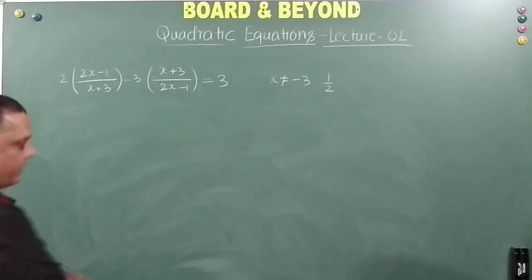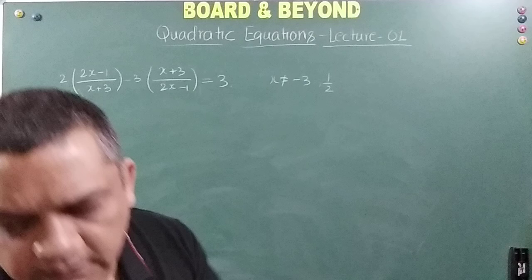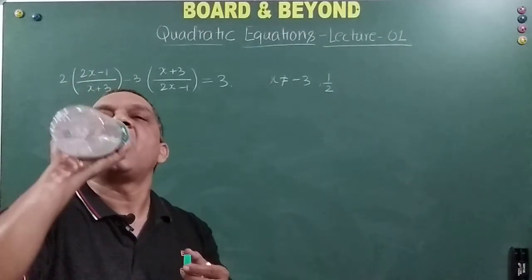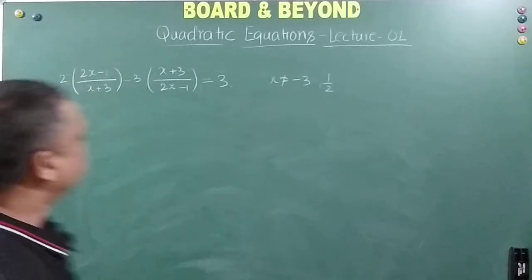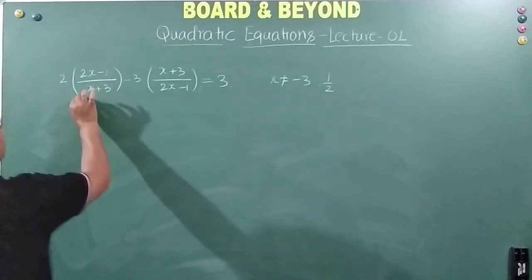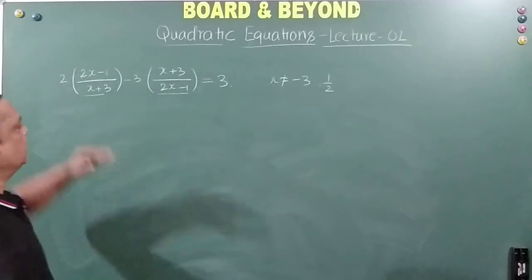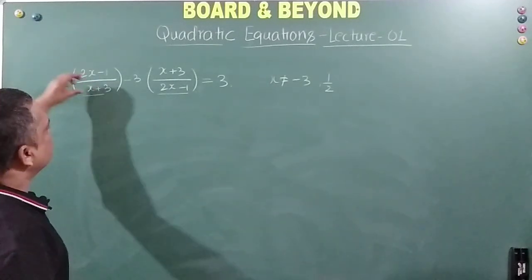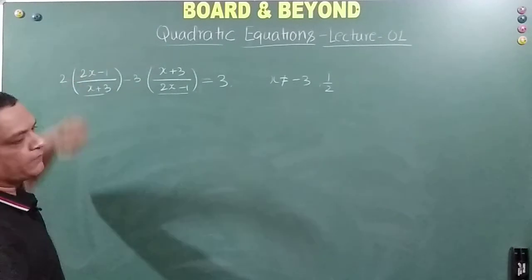So friends, we will try to understand one thing here. When we actually see this and this, what do we understand? We understand that this term is the reciprocal of this.